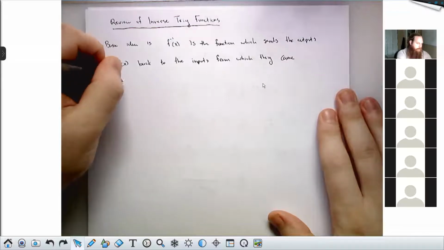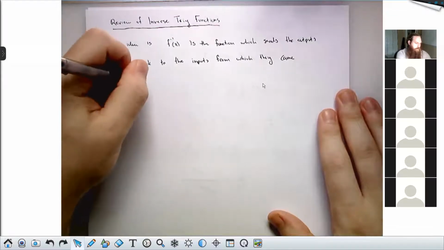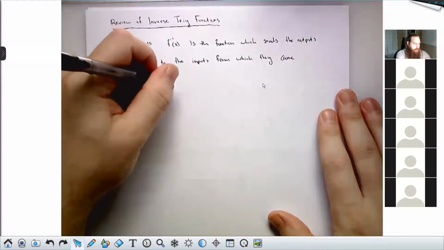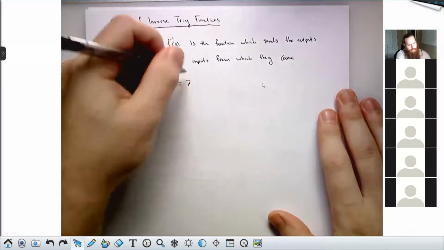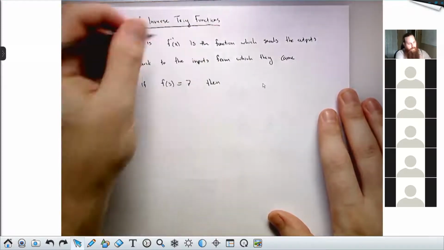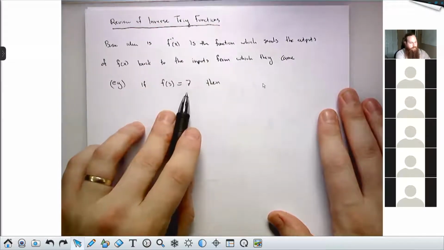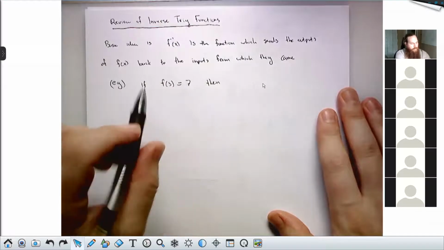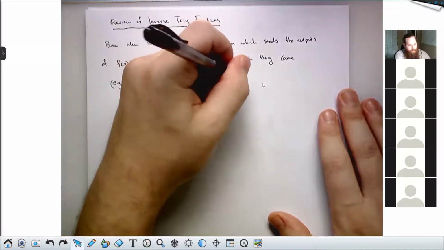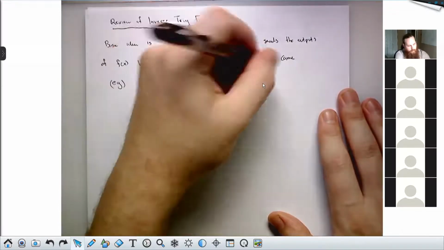For example, if f of 3 is 7, then that means f sends the input 3 to the output 7. Okay, then f inverse of 7 should be 3.